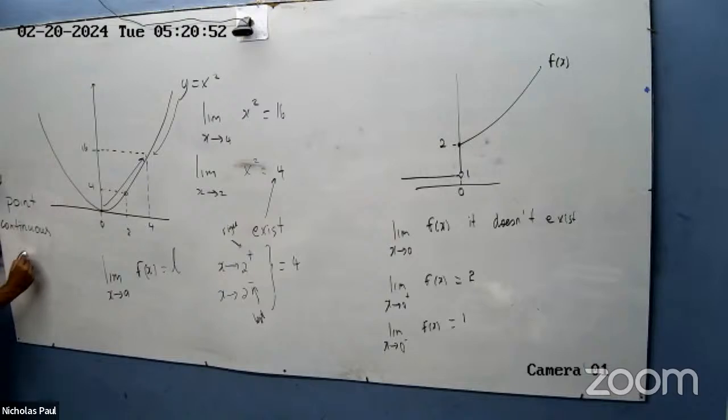This is continuous. This is discontinuous. Sometimes they will ask you, is the function continuous at a point, or is the function discontinuous at a point? We have to be able to prove that.